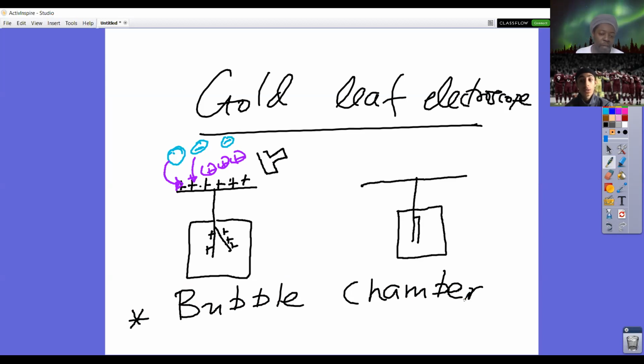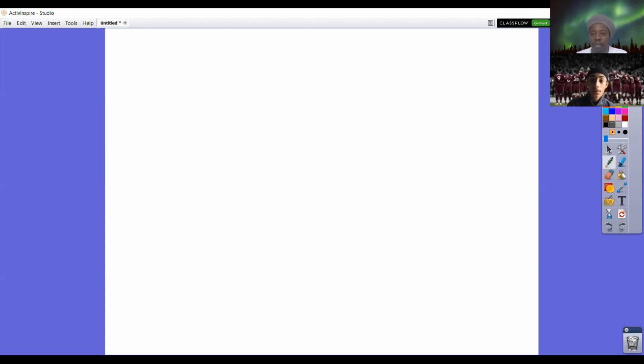A bubble chamber essentially has lots of bubbles in it, and you shine a radioactive source, and it creates an ionizing trail, and it's the ionizing trail that you then look at, in simplistic terms. So that is detection.